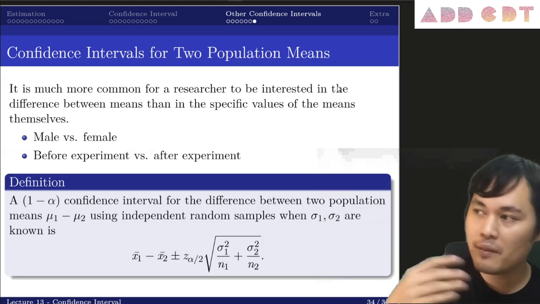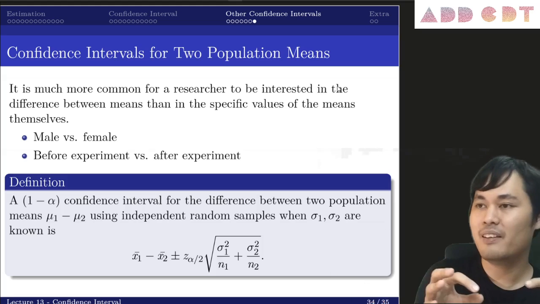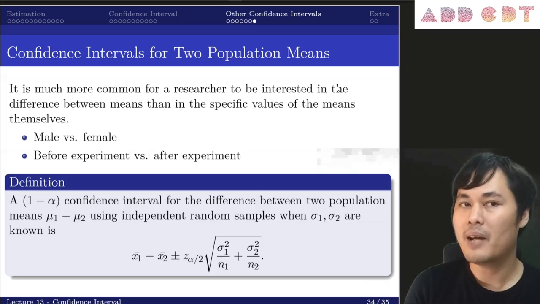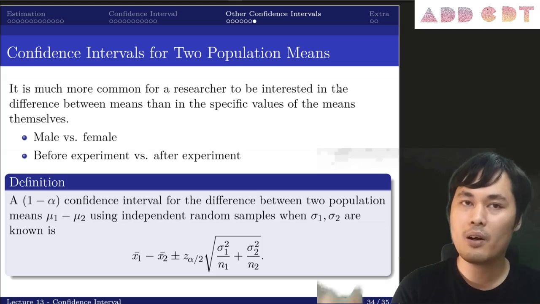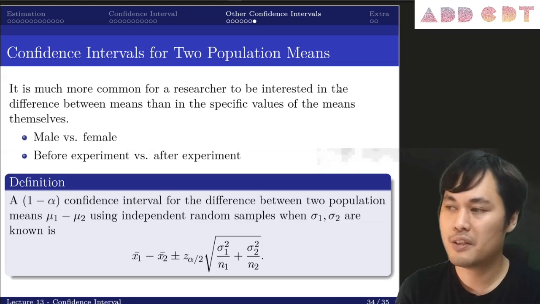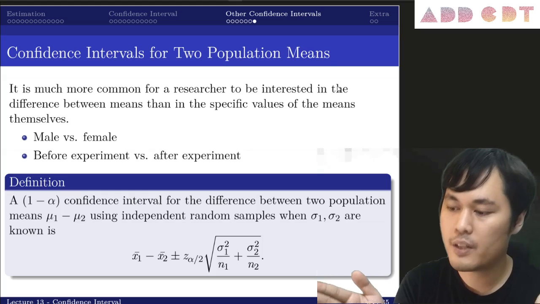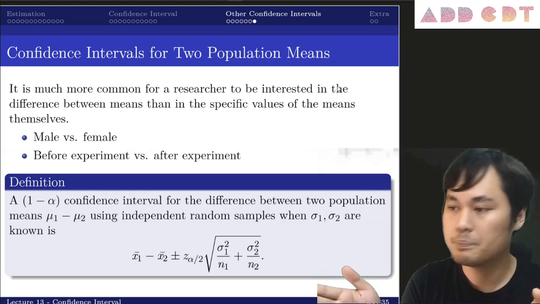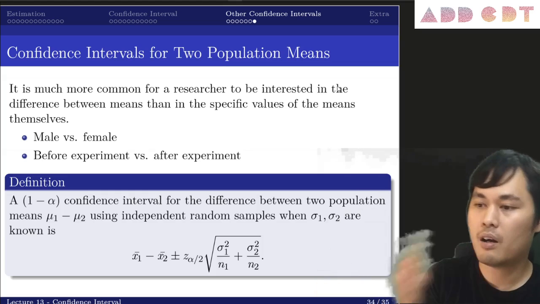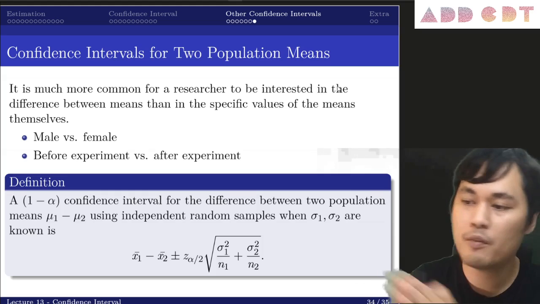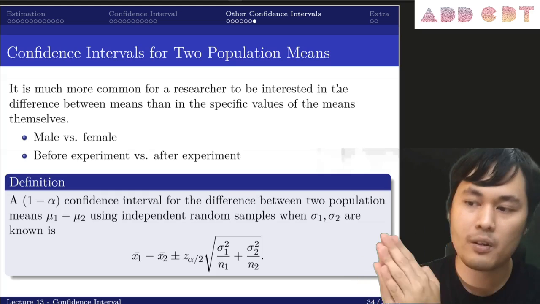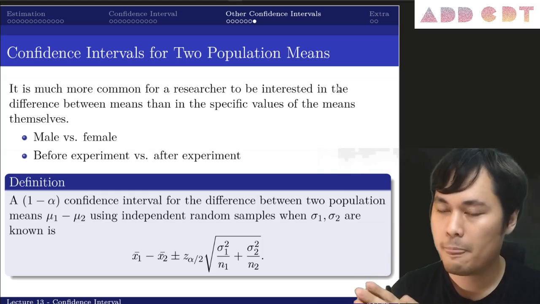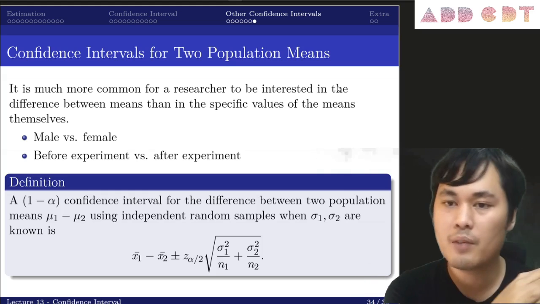We might not know in the first place that the data is split into two groups, like males and females, or the data we collect before we perform an experiment and the data we collect after.